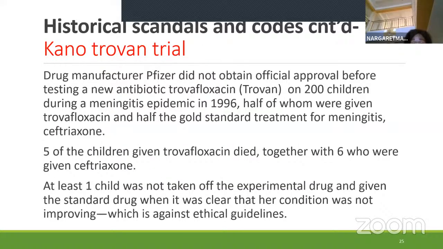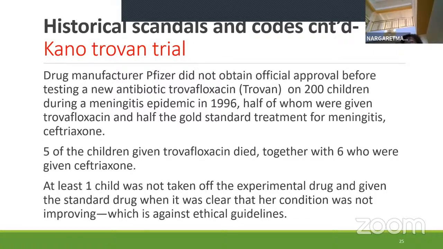The Kano one, I'm sure many of you could not have forgotten in a hurry. During the meningitis epidemic in 1996, Pfizer administered Trovan on some children. Five of the children died, although six also died that were given ceftriaxone. And at least one child was not taken off the experimental drug and given the standard drug when it was clear that the condition was not improving.